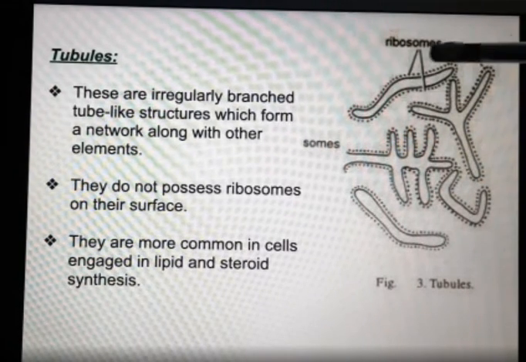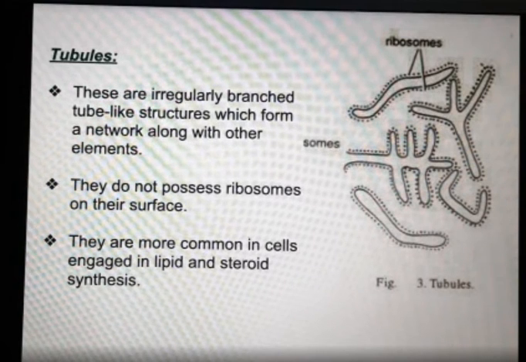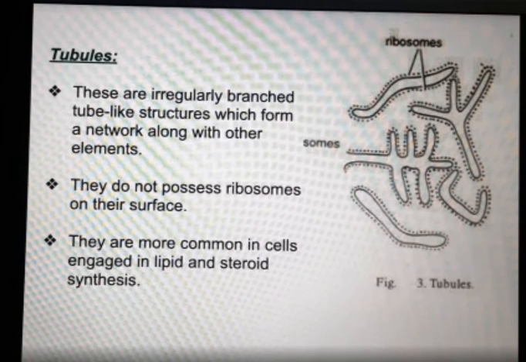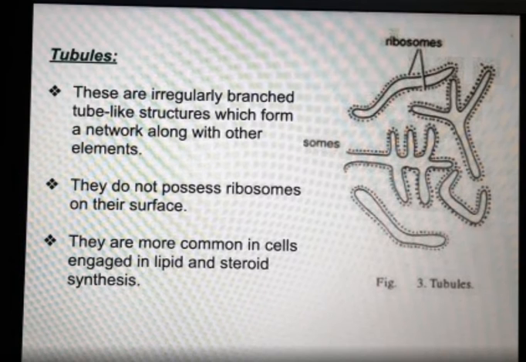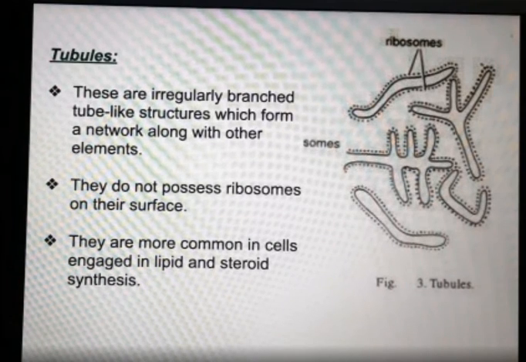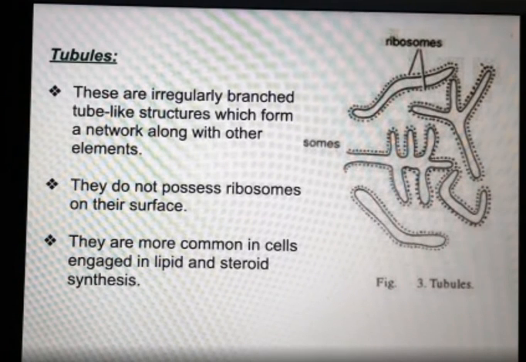Even on that, the ribosomes were present in certain cases, but mostly, as we have seen in the previous slides, the ribosomes were absent, and it was called the smooth endoplasmic reticulum. They are more common in cells engaged in lipid and steroid synthesis.